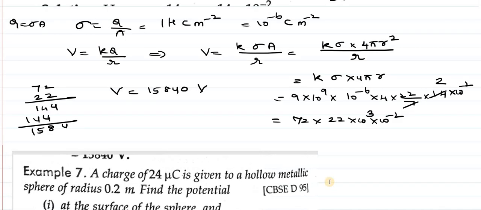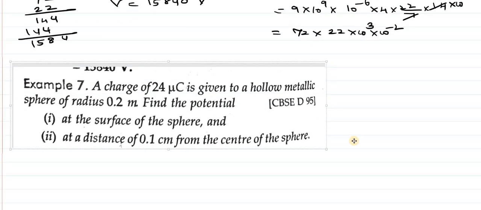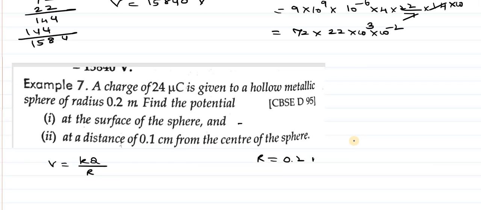A charge of 24 microcoulomb is given to a hollow metallic sphere. So just now we have seen, right, on the surface, outside the point and inside. So at the surface of the sphere, it is KQ by capital R, where R is the radius. R is given as 0.2 meter and charge is given as 24 microcoulomb, that is 24 into 10 to the power minus 6.